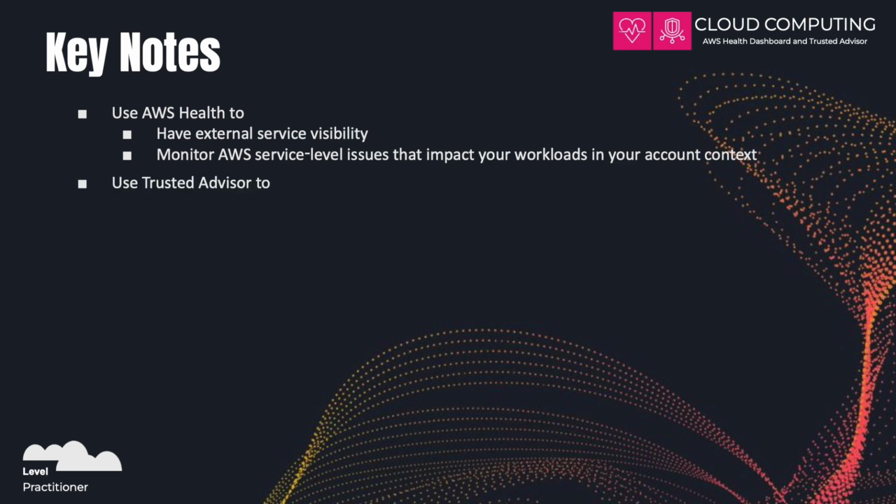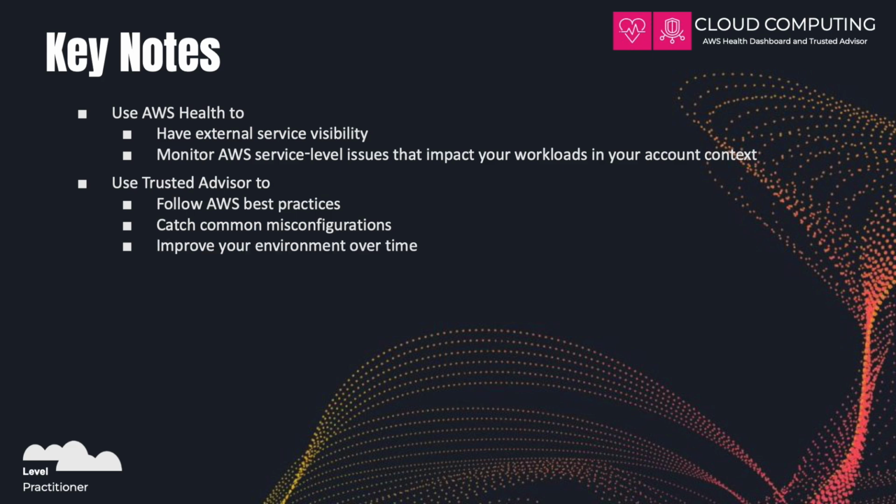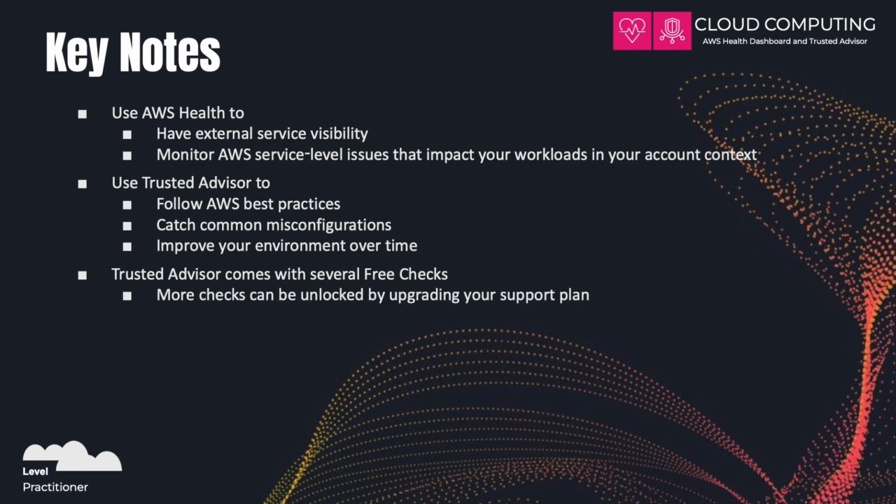On the other hand, you have AWS Trusted Advisor that continuously checks your setup against AWS best practices, and warns you about common security issues, configuration mistakes, and service limits. You already have several free checks right out of the box. If you want more insight and checks, you can upgrade your support plan to access more enterprise-grade advice.